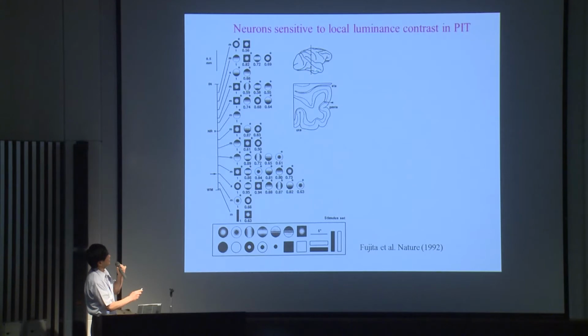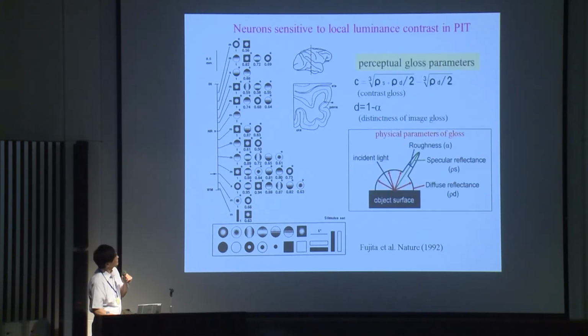This is very close to the location where we found the cluster of retrogradely labeled neurons in the previous slide. And this figure shows the optimal feature of neurons recorded at different depths along this single penetration. Most of the neurons are sensitive to local luminance contrast.